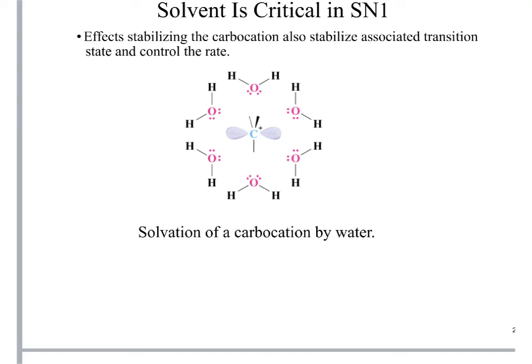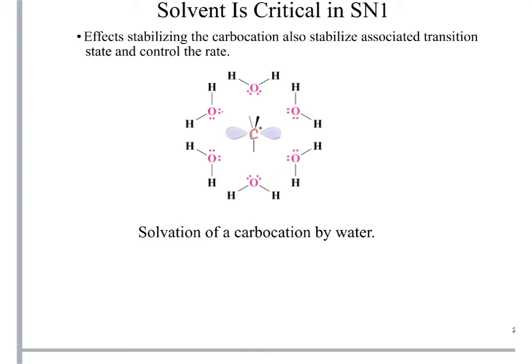Opposite is true for SN1. We want solvent that is able to create a solvent cage around the carbocation. Since we have a full positive charge on the carbocation, protic solvent can stabilize it by solvation.